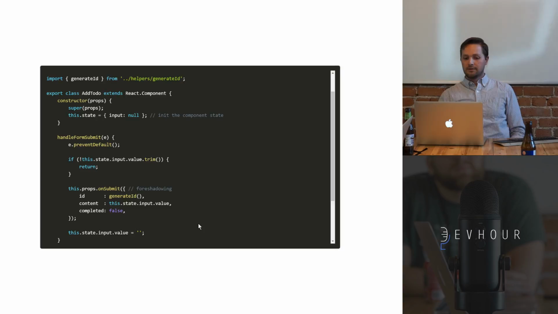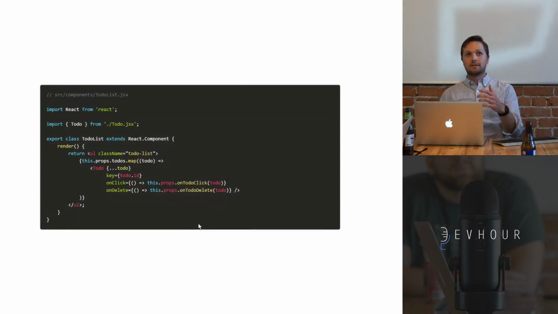Okay, and moving forward, we're going to take a look at the to-do list, which was also underneath our app component. This component's responsibility is pretty simple. It's just going to be rendering the to-dos collection that we have.